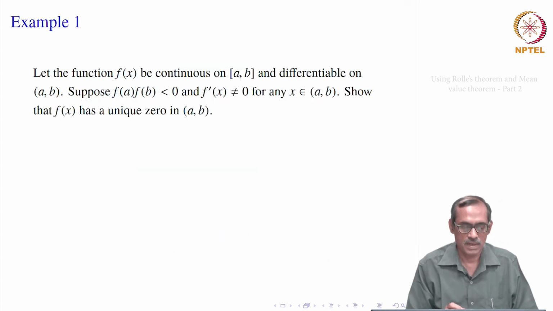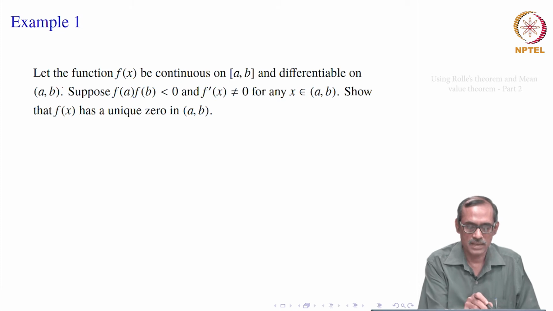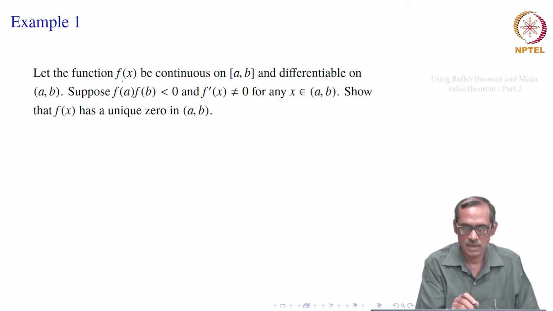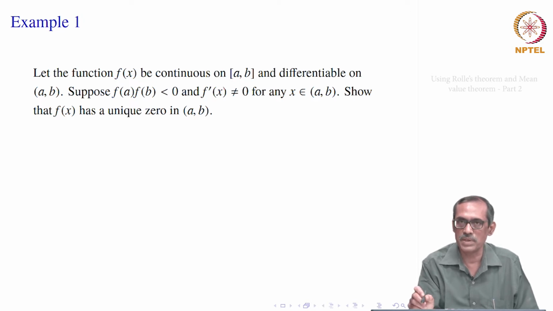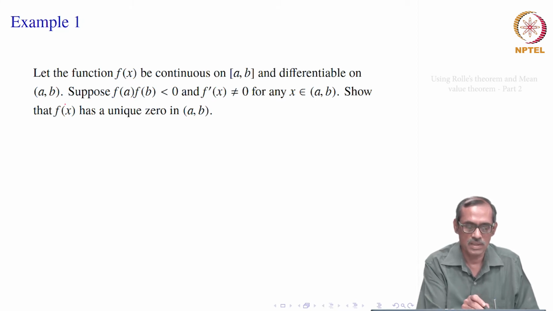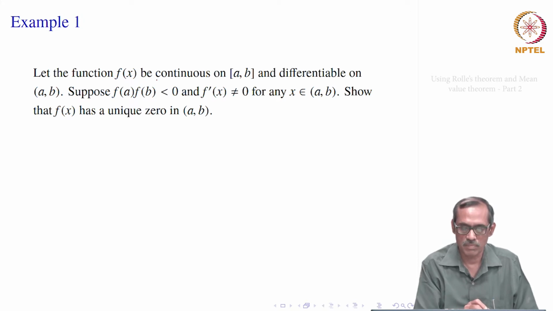The first example says that let f(x) be a function, f from the closed interval [a, b] to R, continuous on [a, b] and differentiable on the open interval (a, b). These are the assumptions in Rolle's theorem as you remember, but in Rolle's theorem we have f(a) equal to f(b), which is not given here.